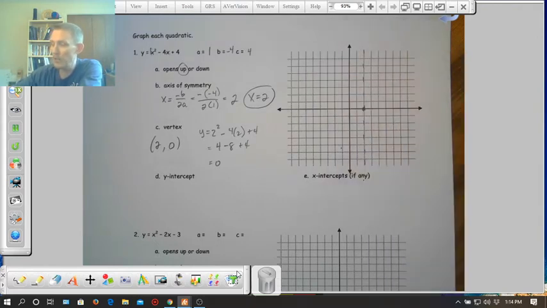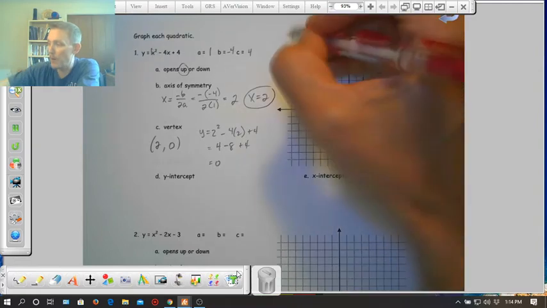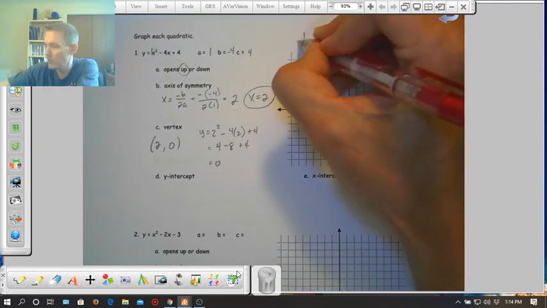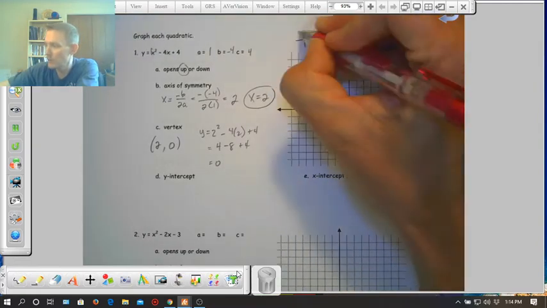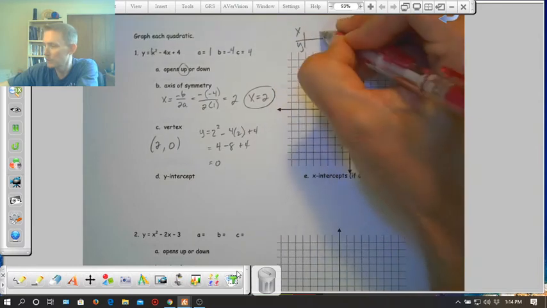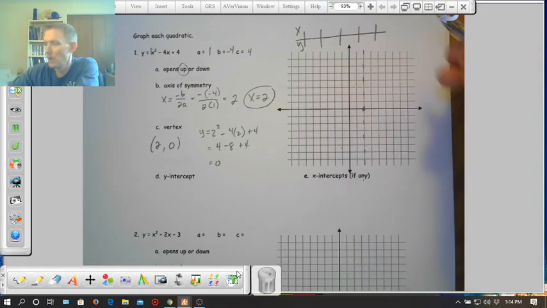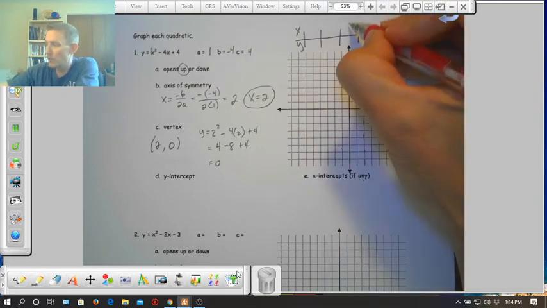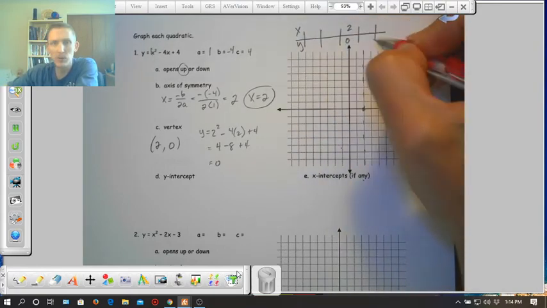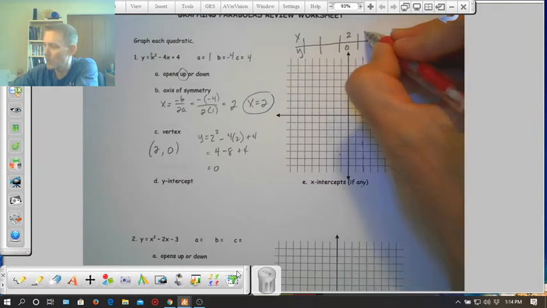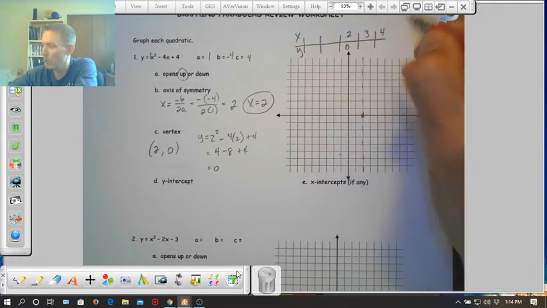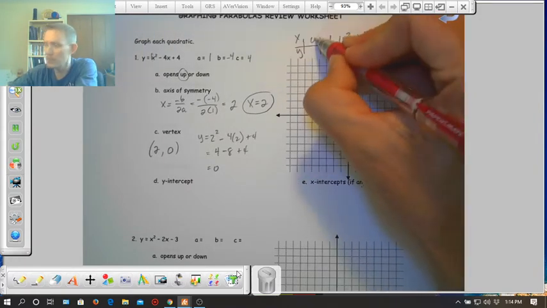Well, the first thing I'm going to do is make my table of values. I'm going to put my vertex in the middle at (2, 0), which means I'm going to go with 3 and 4 and 1 and 0.